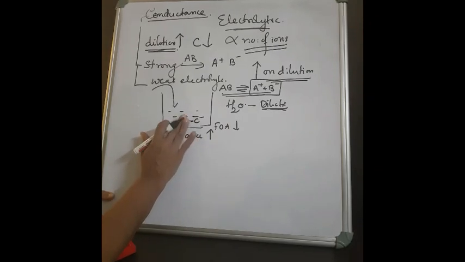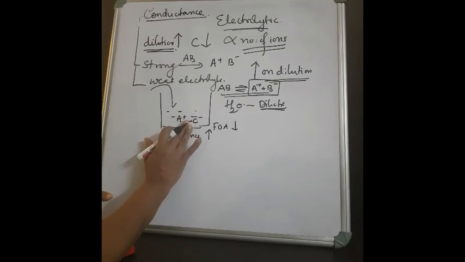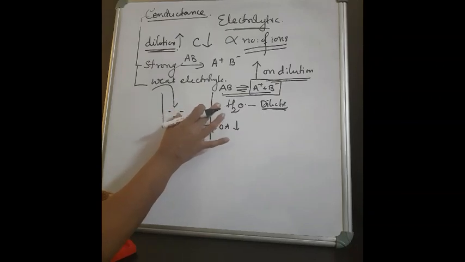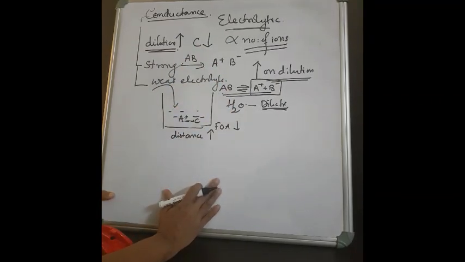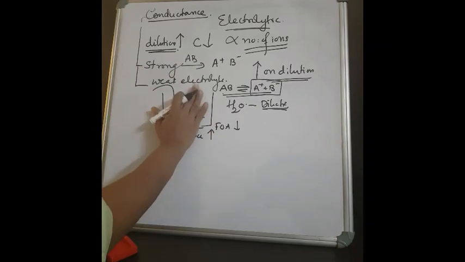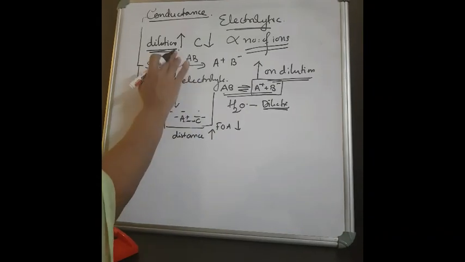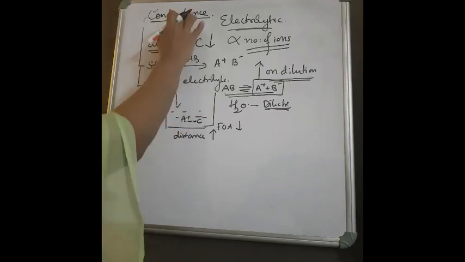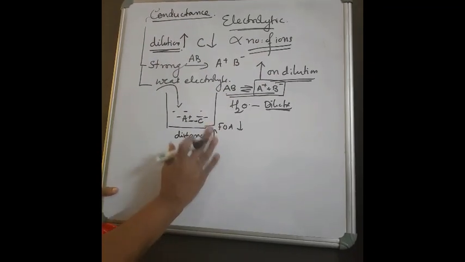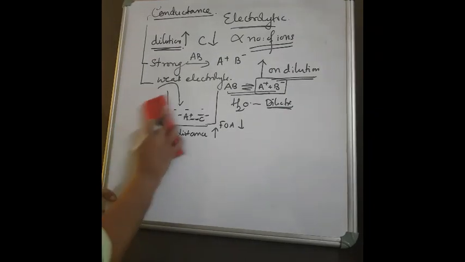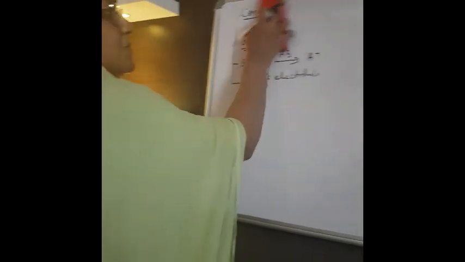It makes the attractive force weaker, so the ions spread out, move along and carry the current. So the funda is, whether strong or weak, the conductance always increases on dilution. Clear?